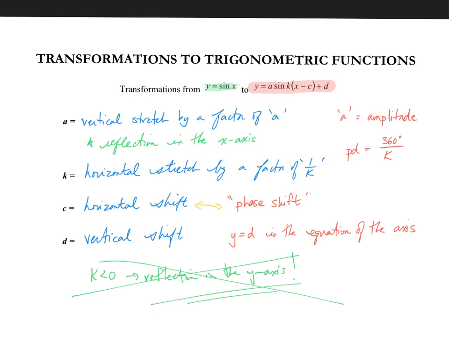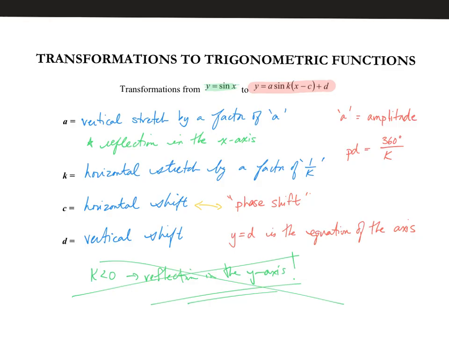We don't refer to it as a horizontal shift, even though we interpret it that way, but instead we refer to it as a phase shift: we're going to take the cycles and move their positioning horizontally. So the phase where something occurs is going to shift. So it's a phase shift.